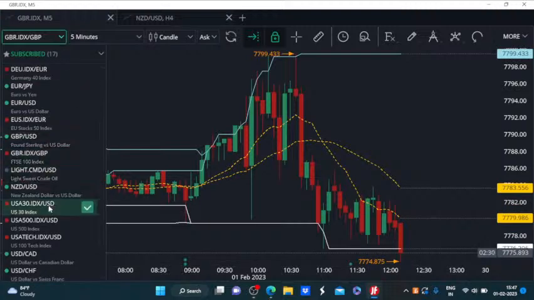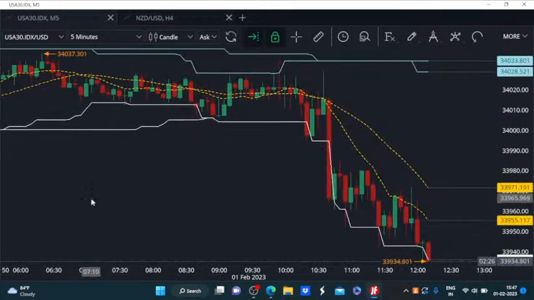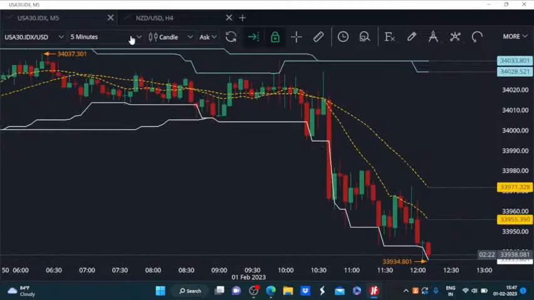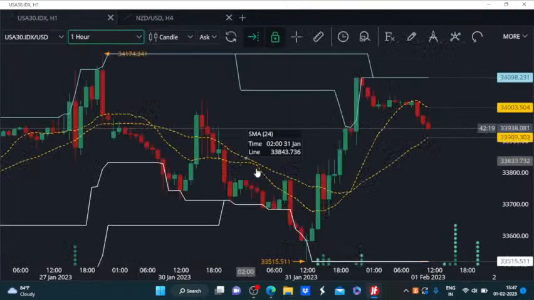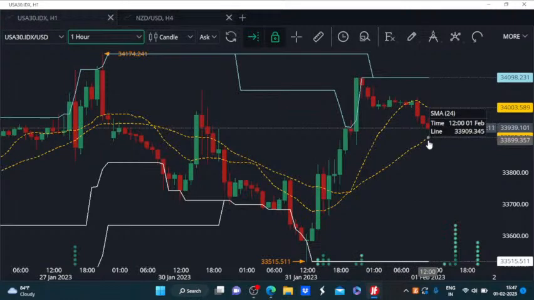Now, in light of these developments in the European segment, let's consider the price formation of the US equity futures. US equity futures are correcting somewhat from the higher levels, but it is quite a shallow correction as of now. So we still have to maintain the bullish outlook in the equity indices for the US.